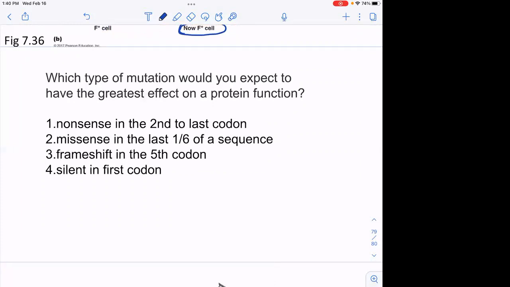So really here, this is asking, do you remember the terminology involved with these different mutations? So I'll give you a minute.